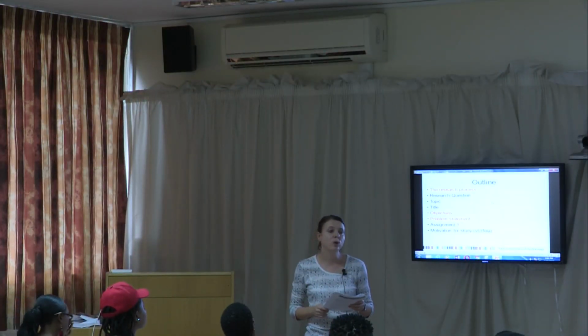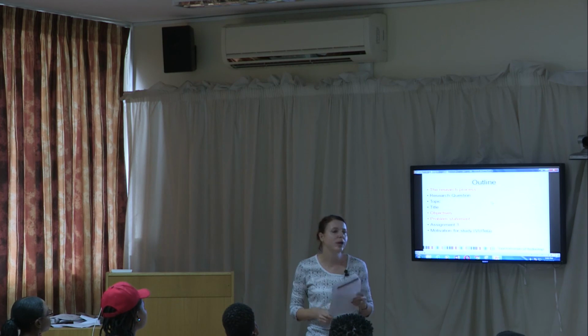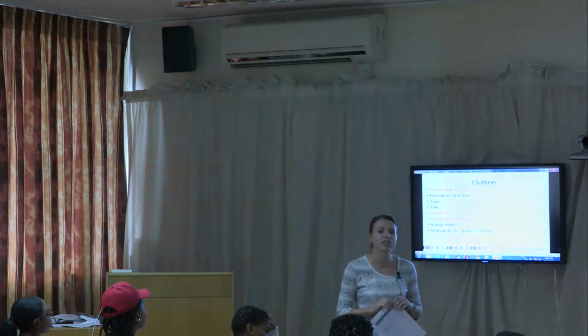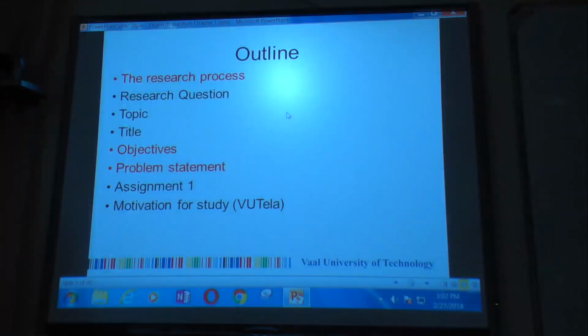There's a research question. The research question, where do you get that? From your title and from your problem. Let's take an example. The title here: identifying the key success factors for marketing a tourism establishment in Lesotho.